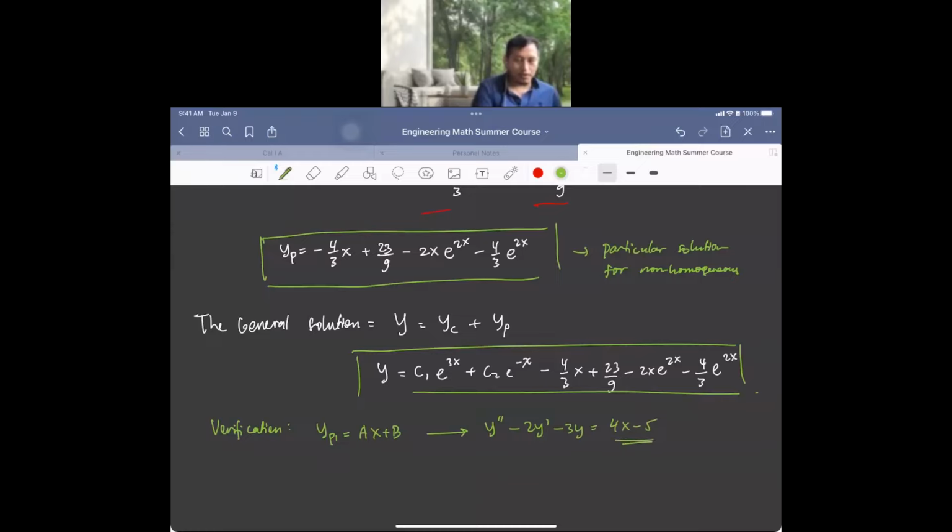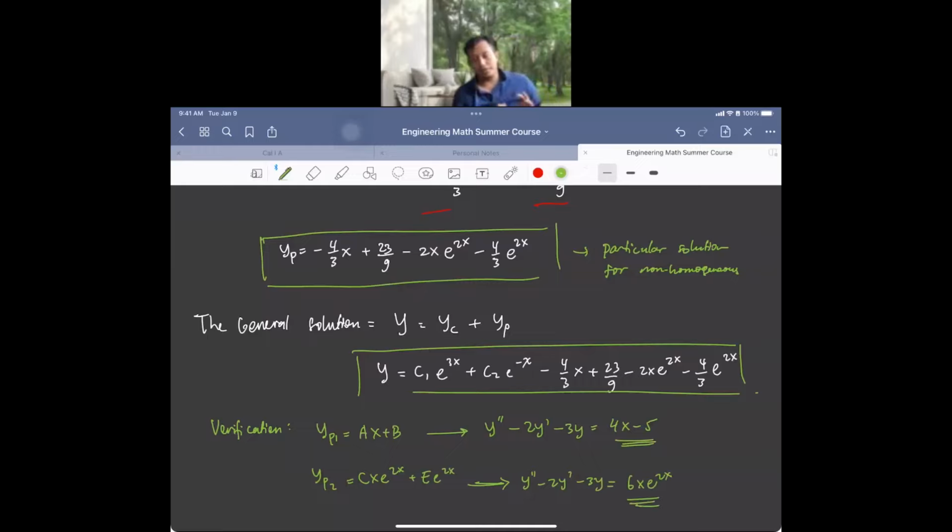We should get this result. And we can check the other particular solution, which is the e part, through the other part.